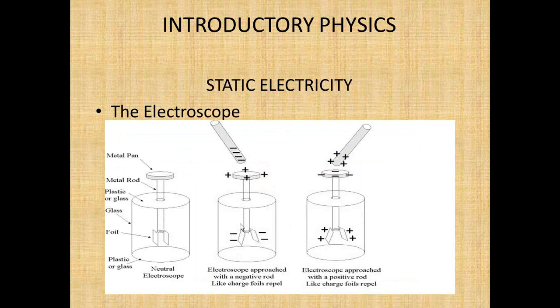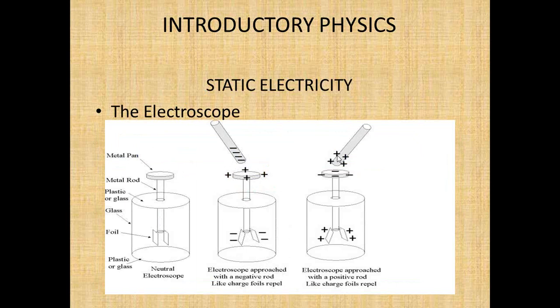So the electrons are going to go down to the bottom and leave the positive charge on top. So up here is going to be positive, and the leaves are going to be negative. Because the leaves have like charge, they're going to repel each other. So they're going to separate, and you can see that. The leaves separate.